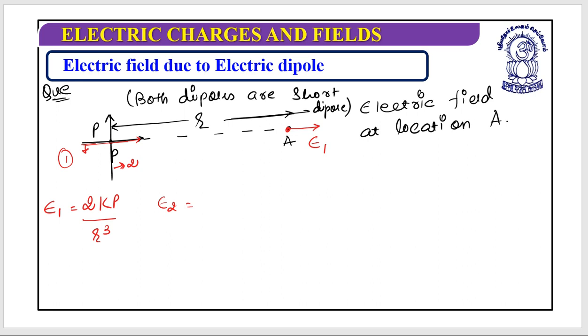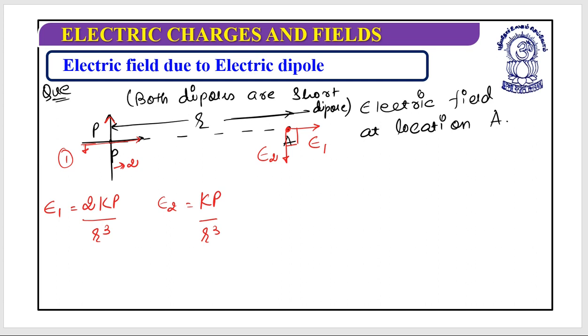So the magnitude of it is kp by r cube. Now the direction of the dipole moment is in the positive y direction, so the direction of the electric field would be the reverse of this, that is E2. These two are at an angle of 90 degrees.